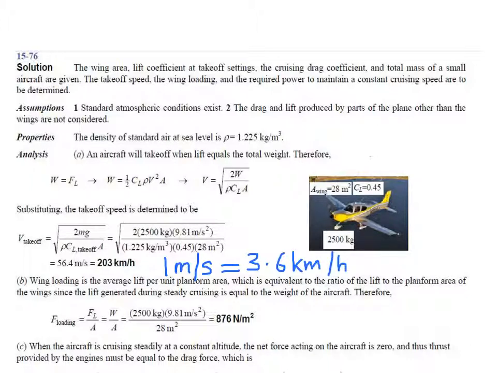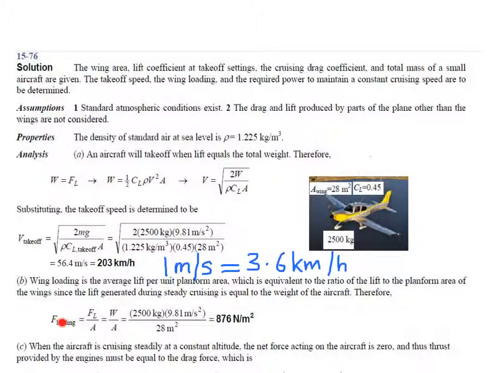Next, the wing loading is the average lift per unit planform area, which is equivalent to the ratio of the lift to the planform area of the wings, since the lift generated during steady cruising speed is equal to the weight of the aircraft.